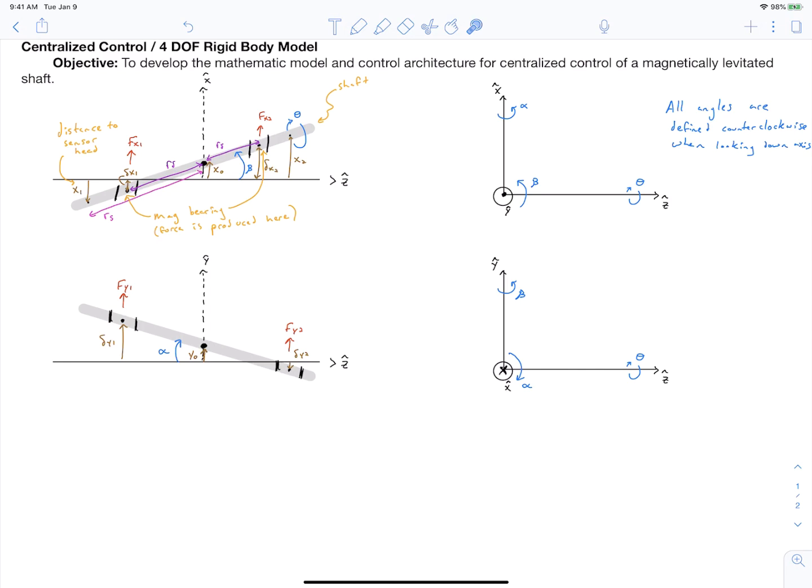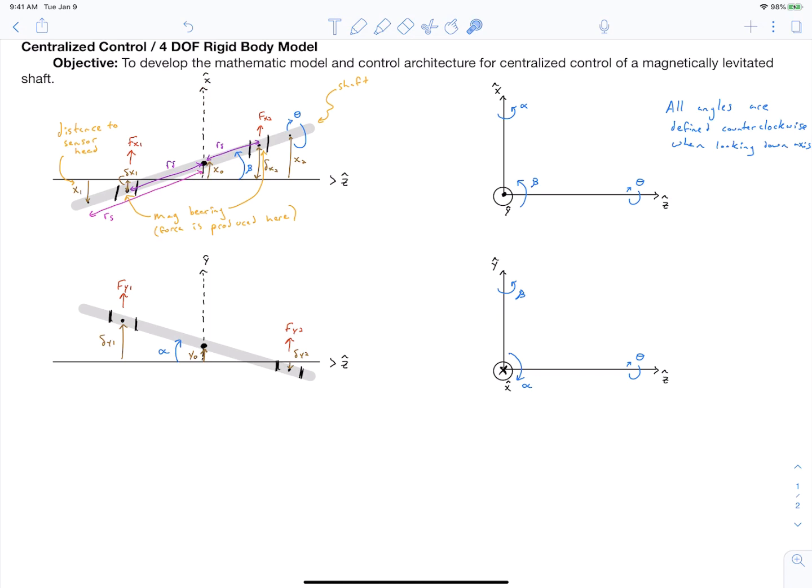Okay, now on the left side, I've drawn a magnetically levitated shaft. So in gray, this long gray thick line is our shaft. And then on this shaft, I've labeled our angles. So here again, we've got the z-hat direction going this way, and we've got the x-hat direction going vertical, and y-hat is coming out of the page at us.